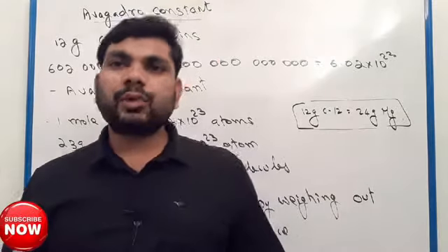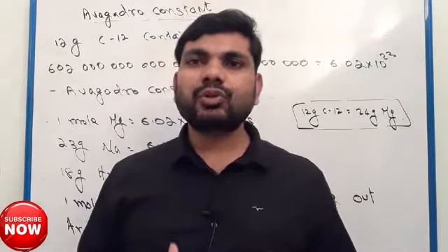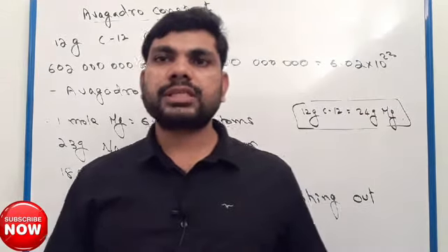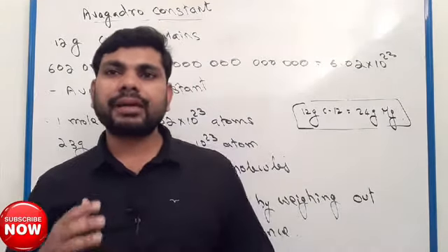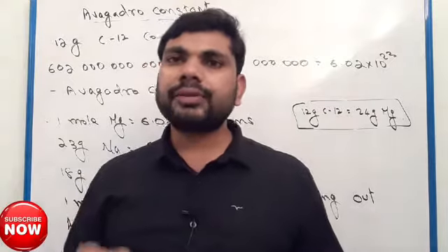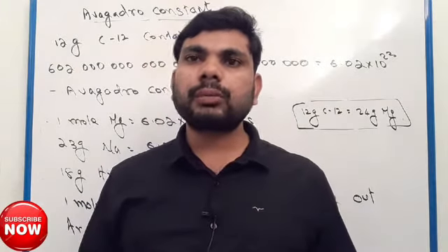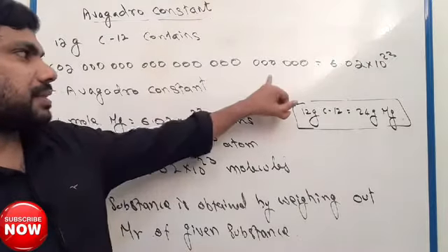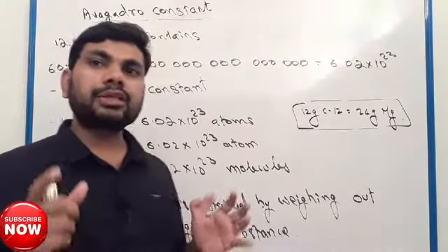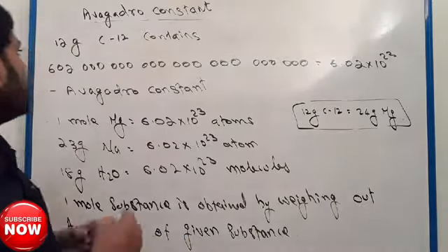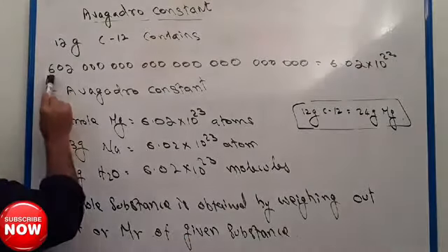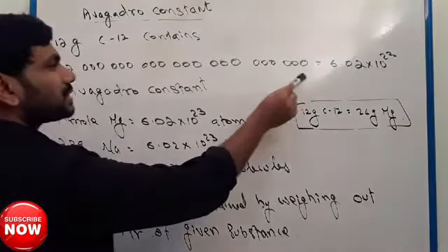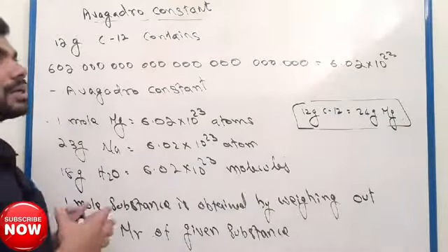Next we discuss the Avogadro constant. The Italian scientist Avogadro found that 12 gram carbon 12 isotope contains 602 followed by 21 zeros atoms. This is a huge number that we cannot count.